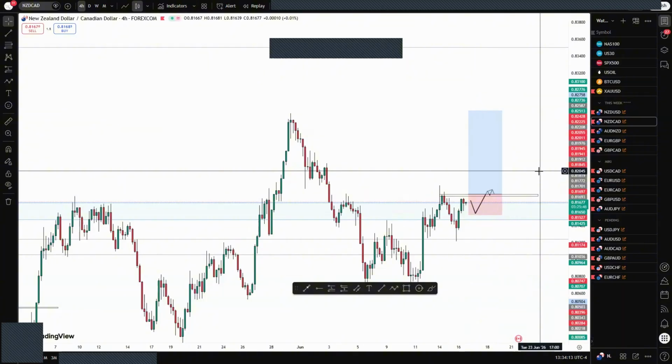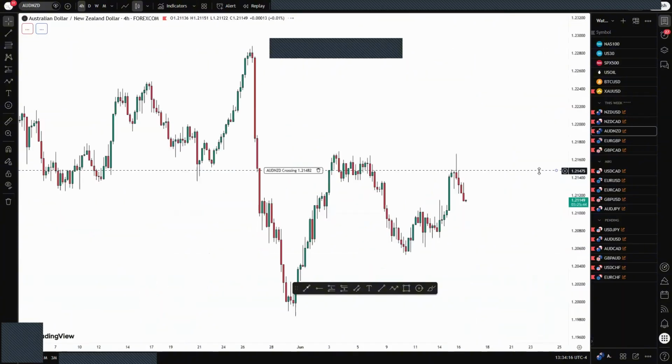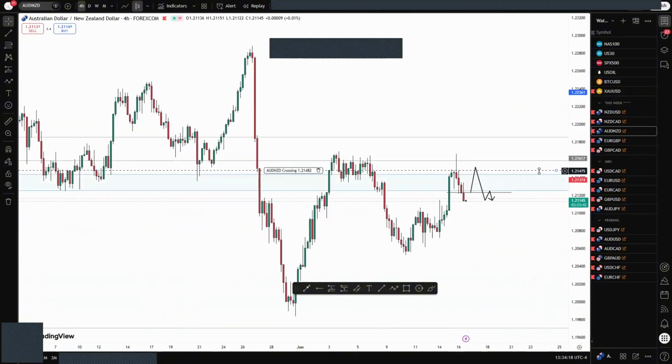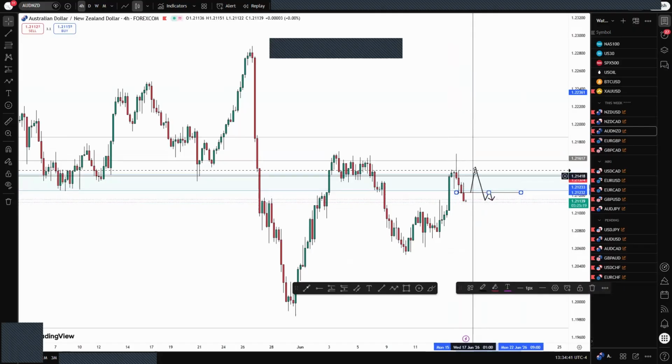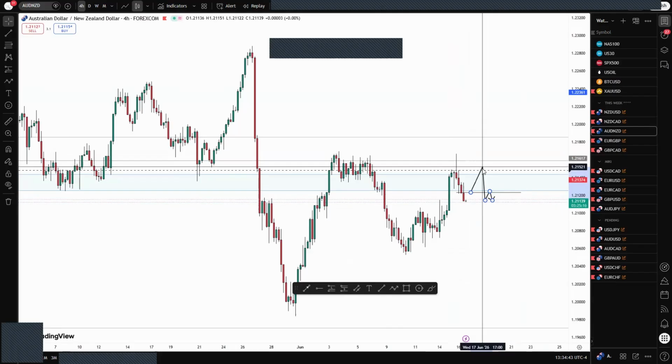The next thing is AD card. AD. This was just going fine, but now price has broken below this level again. So this means we have to wait for price to come and make a new high.